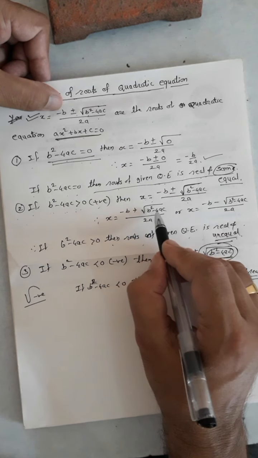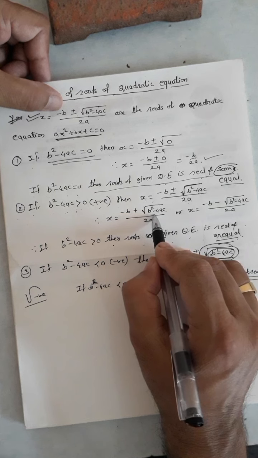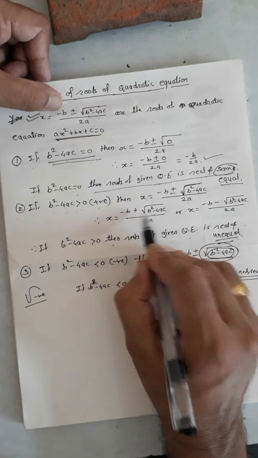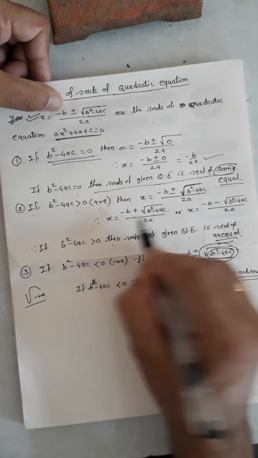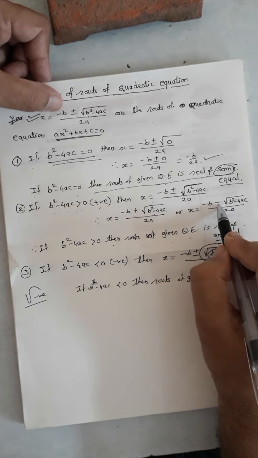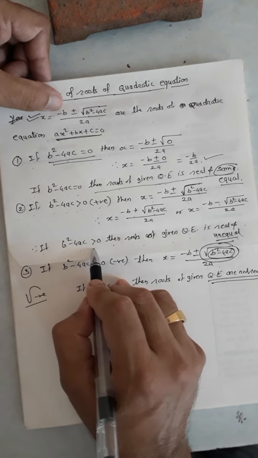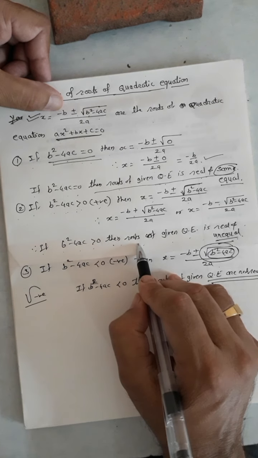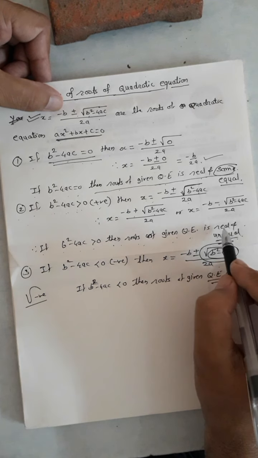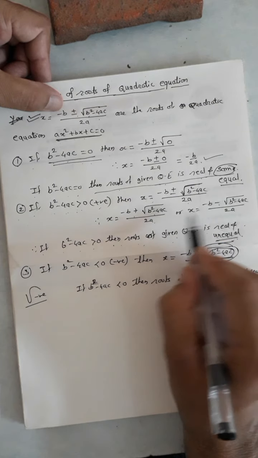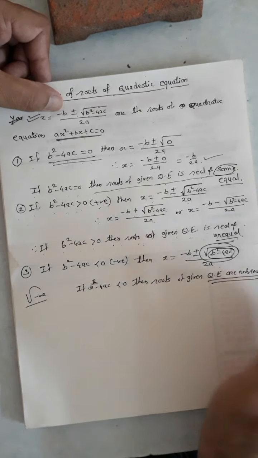Here b square minus 4ac is greater than 0, means positive. Therefore the roots are 2. One is a plus and another is minus. Hence we say that if b square minus 4ac greater than 0, then the roots of a given quadratic equation are real and unequal.